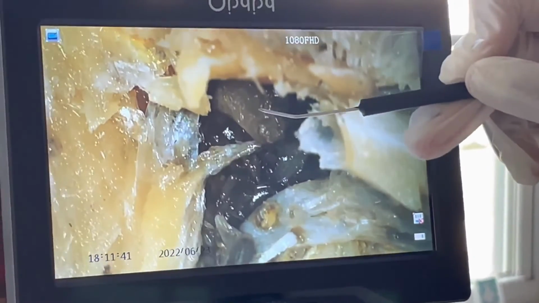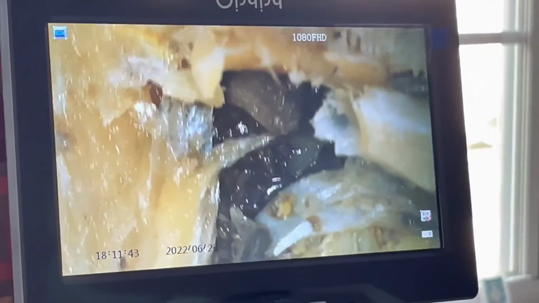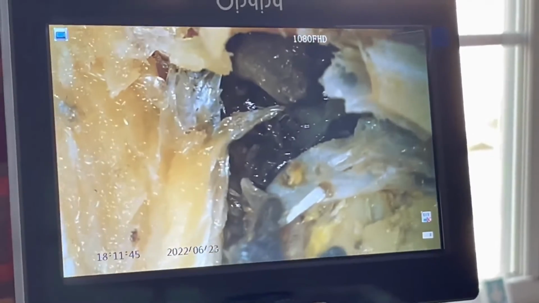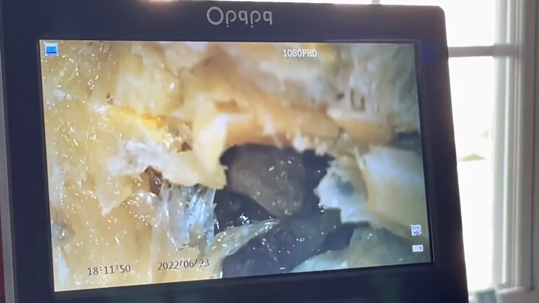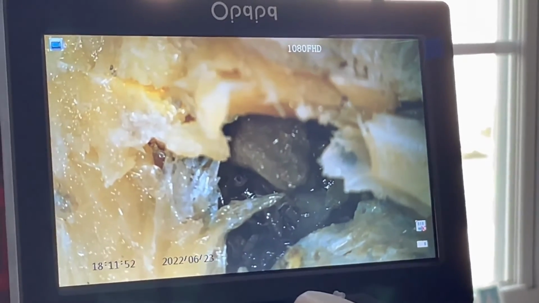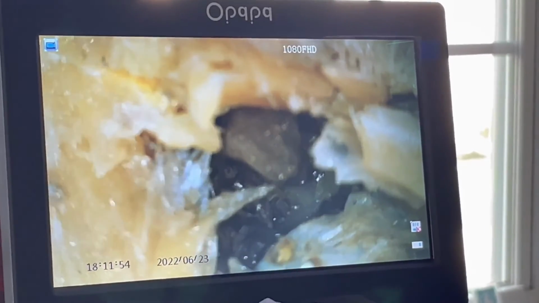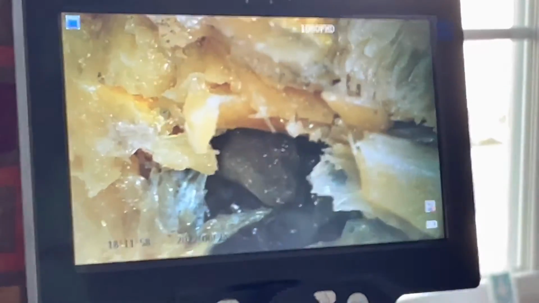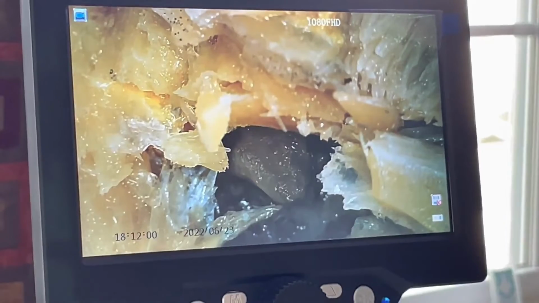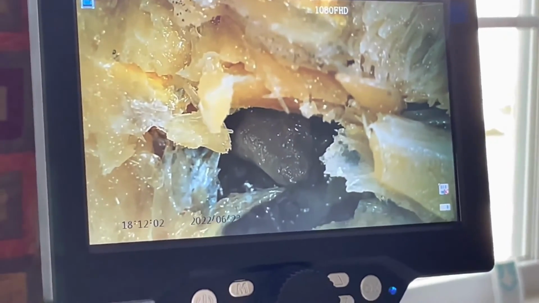So this structure here would be the heart of the fish. Unfortunately, you can't see it very well since it is blocked by skin. But yeah, this gray structure here would be the heart, which is behind the gills of the fish.